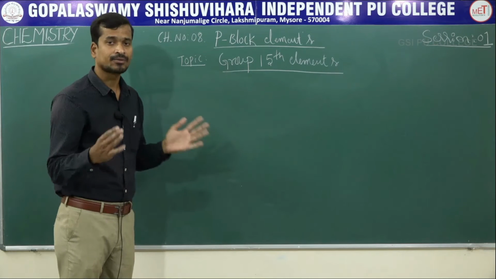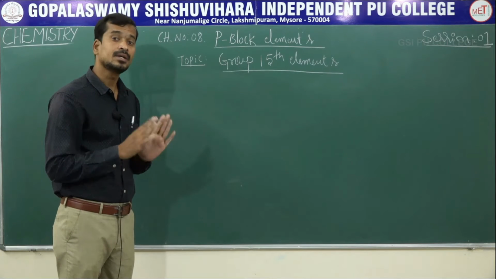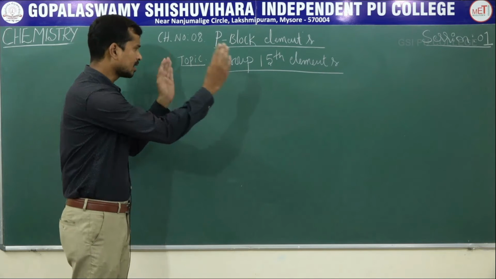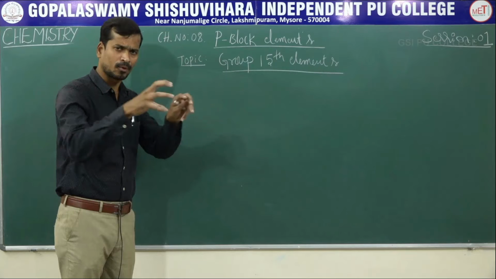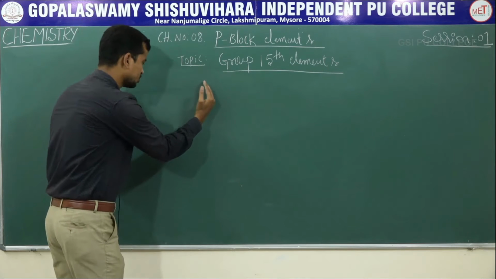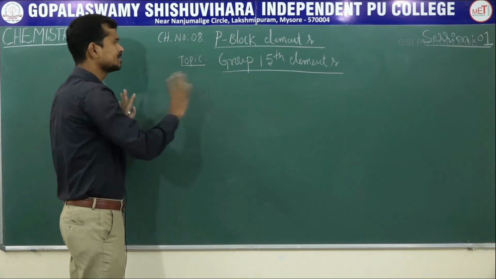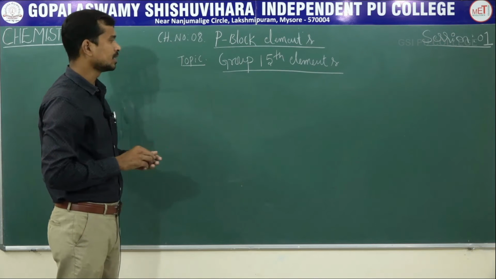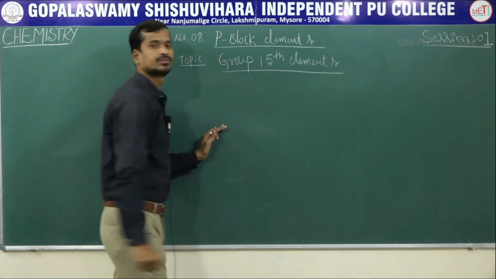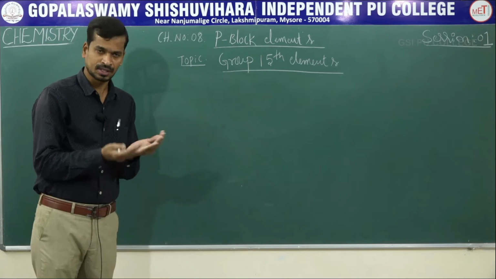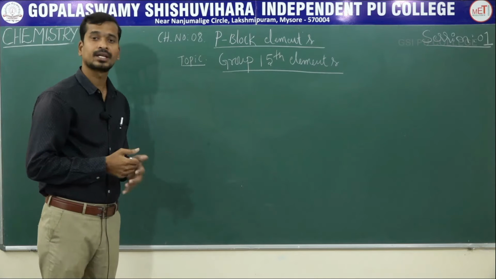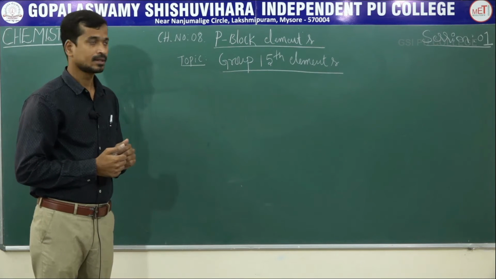You already studied this in your first PUC chapter atomic structure. Okay? If you know the periodicity from first PUC inorganic chemistry, you can comfortably study and write group 15th elements. That is why first PUC is very important, the basic foundation for your second PUC chemistry chapter.